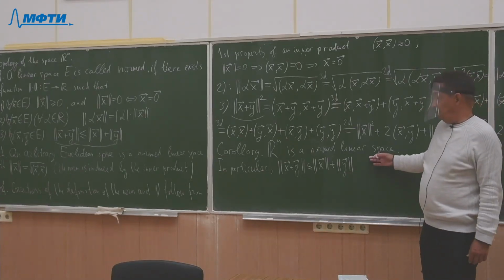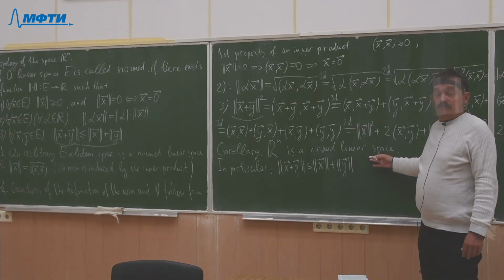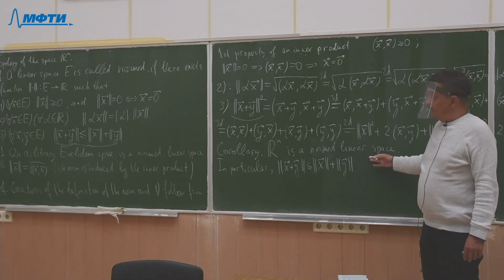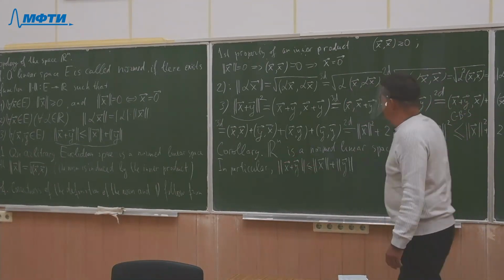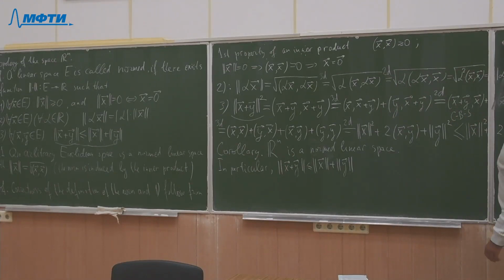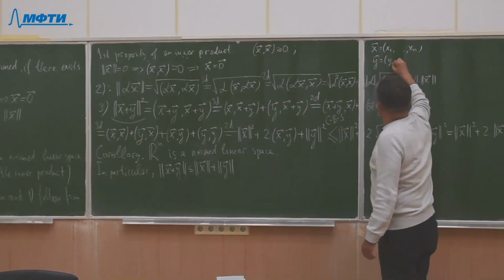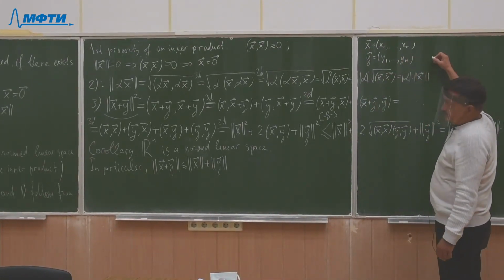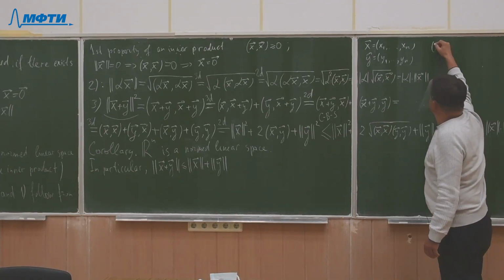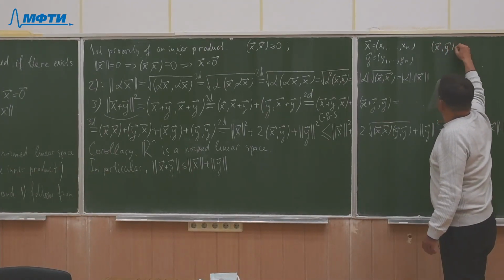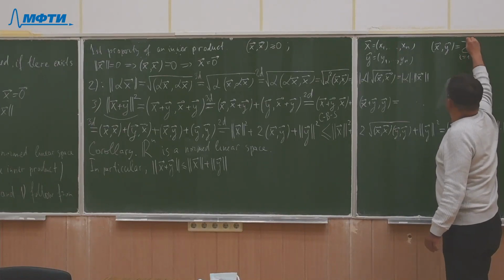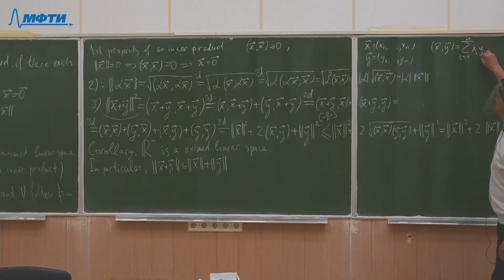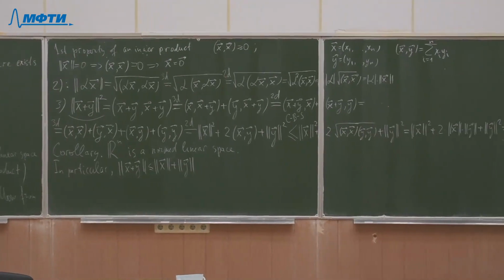Look. So recall, what is the inner product in Rn? If x is x1 and so on up to xn, y is y1 and so on up to yn, then the inner product was defined as such a sum, xi times yi, right?